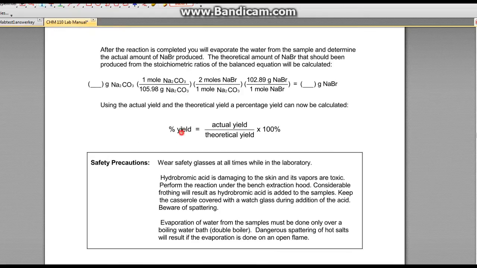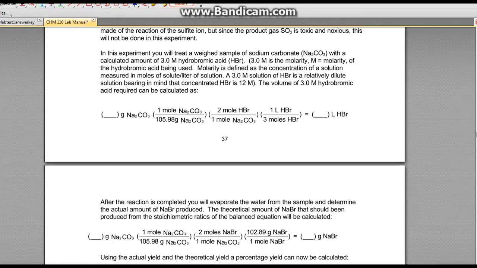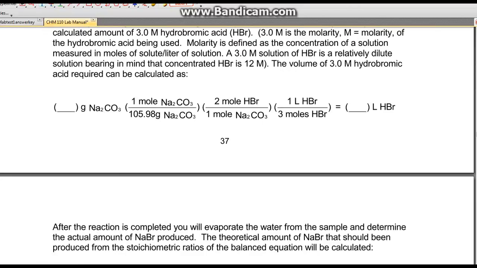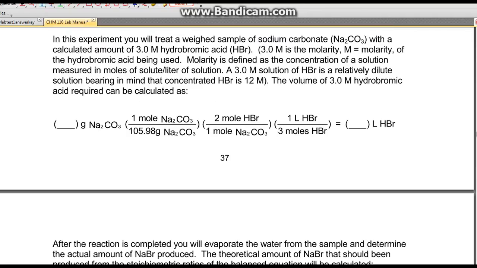The percent yield equation is given right here. It's just however much you actually got over what you were supposed to get if your reaction went perfectly to completion. So if you had 100% of whatever you started with, then your percent yield would be 100%.